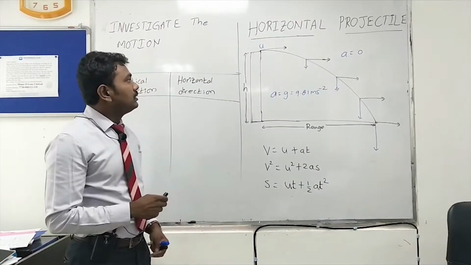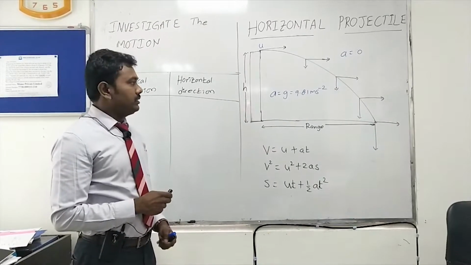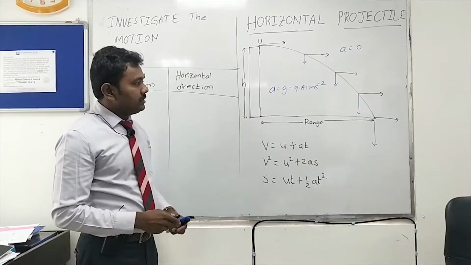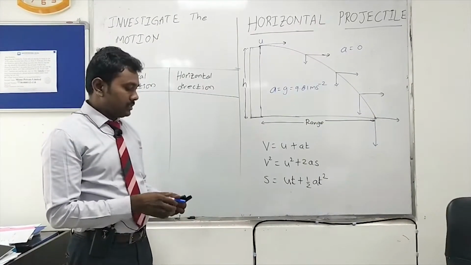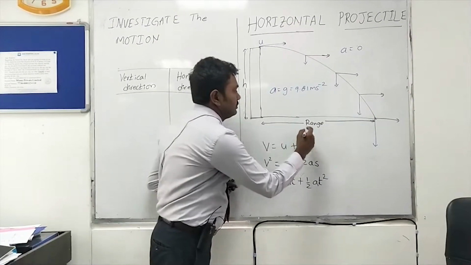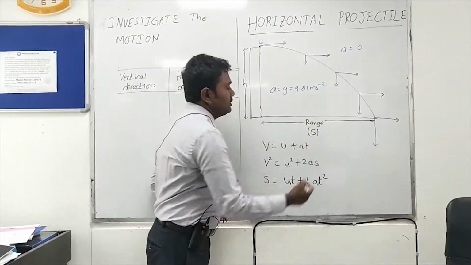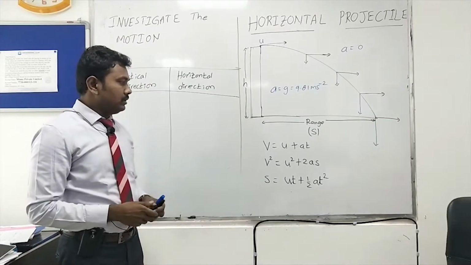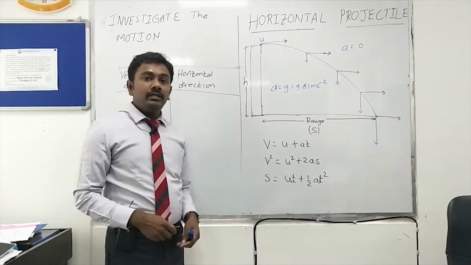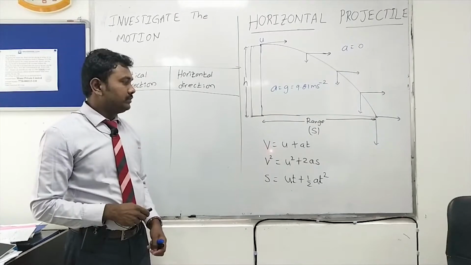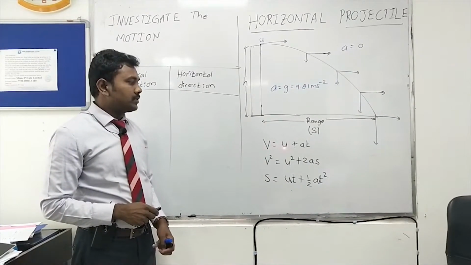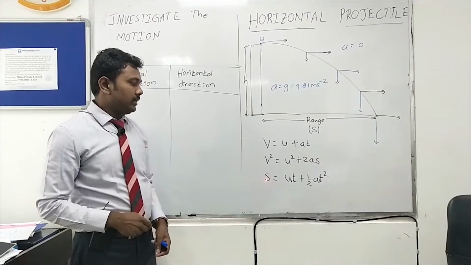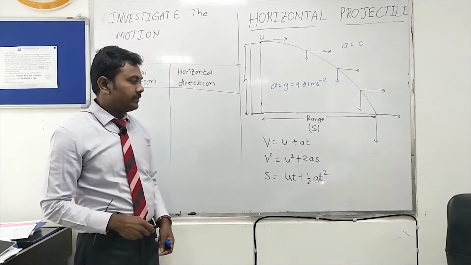Here the height of the cliff is taken as h, and the total range of the projectile is taken as range r, or we can also take it as the range s. Here s indicates the horizontal displacement. Now recollect the kinematic equations of motion: v equals u plus at, v squared equals u squared plus 2as, and s equals ut plus half at squared.